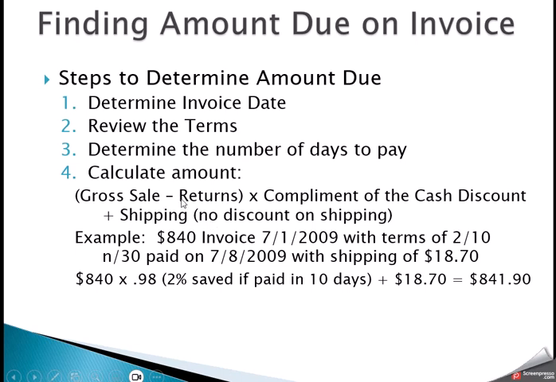And then if there's shipping, you add that back at the end. So if we had an invoice of $840 with terms of 2% if paid in 10 days, that means we're going to multiply that by the complement. So if we save 2%, we pay 98%, and then add our shipping to that. Okay, so that is our mathematics of buying.